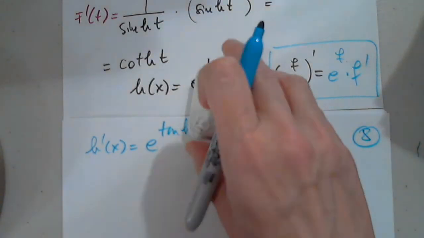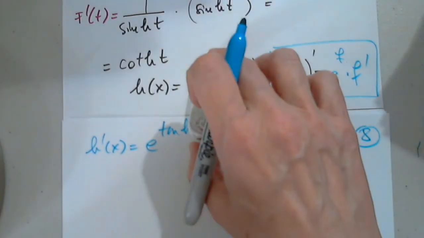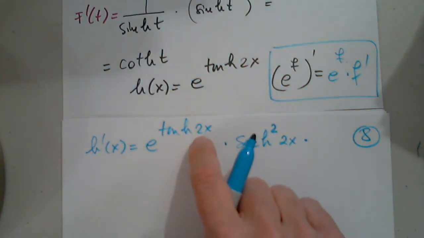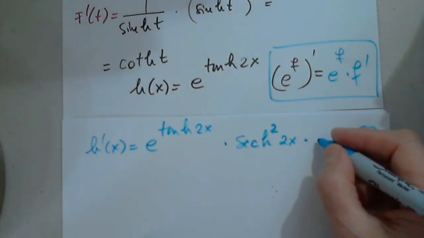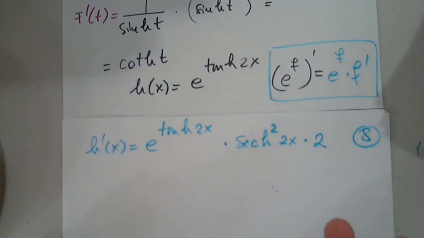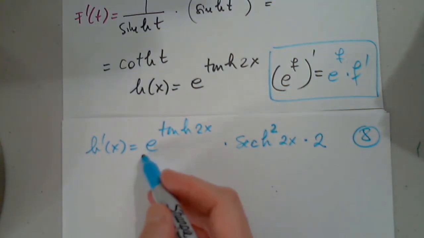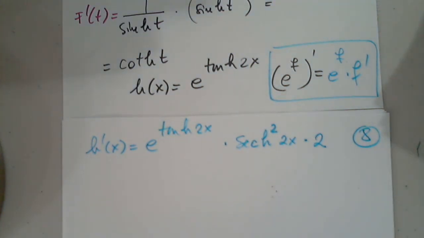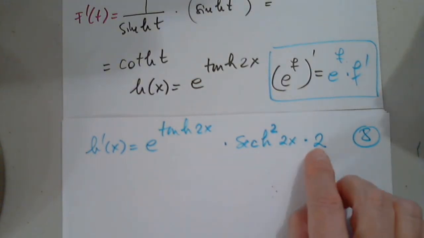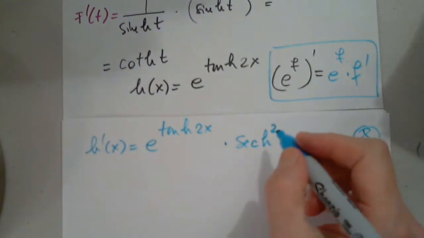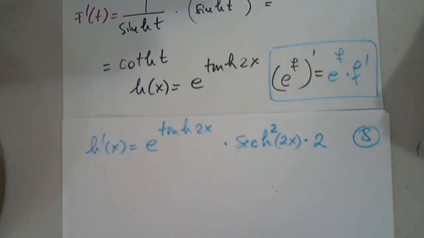That's why I covered it, because it's not plain x, and I don't want to forget. So times this prime, which is 2. You can rearrange it if you want to. All you have to do is put 2 in front, and that's it. This is not to be understood as 2x times 2. No, no, no. This is separate and 2 will be in front.